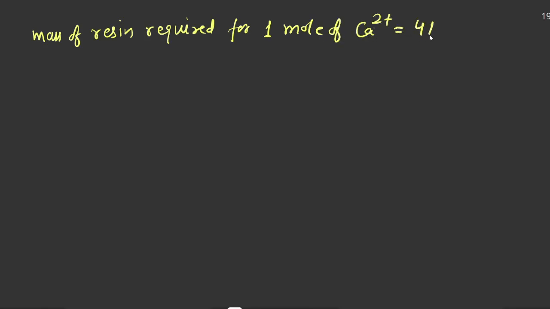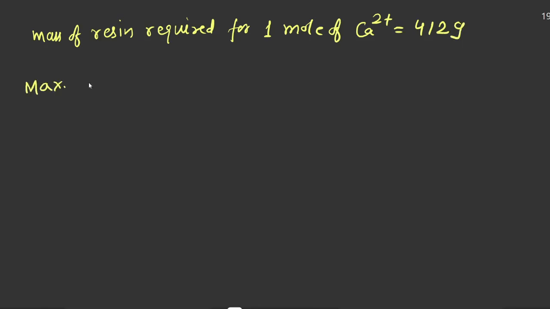because mass of resin required for 1 mole of calcium 2 plus is 412 gram.